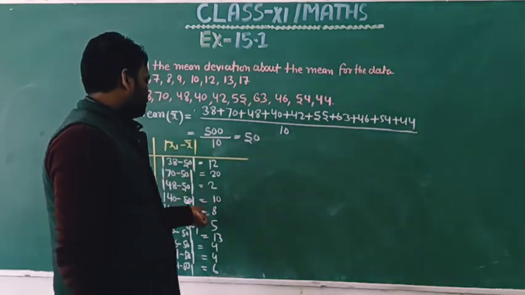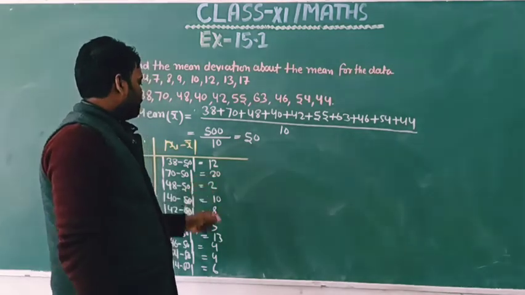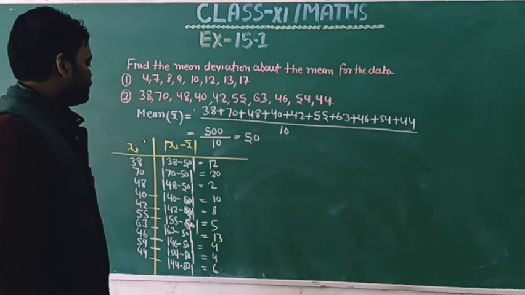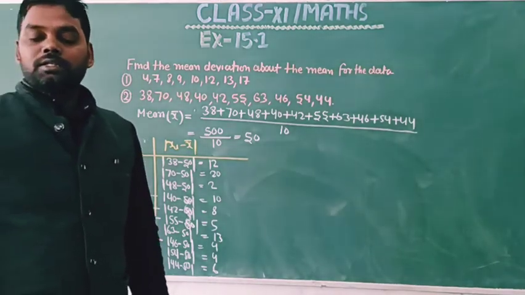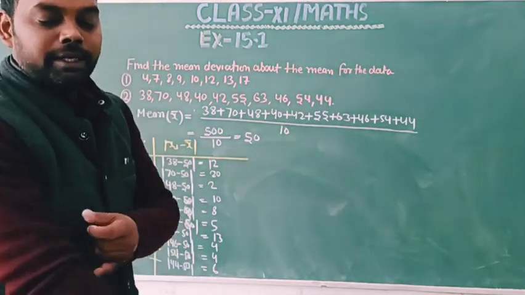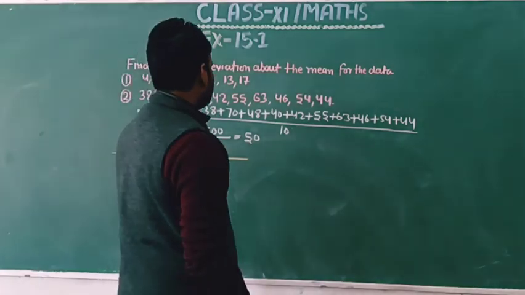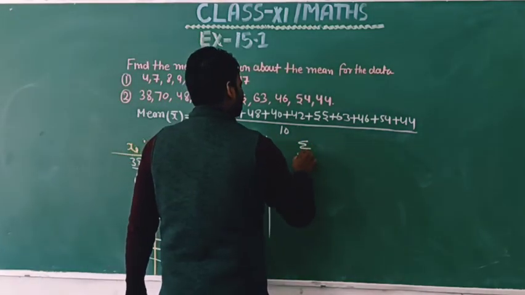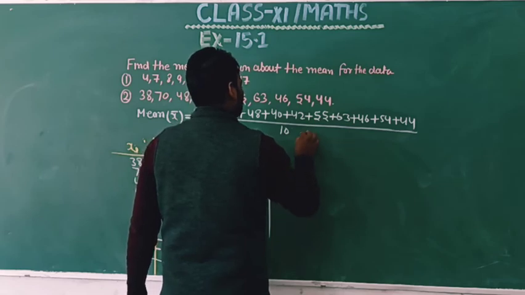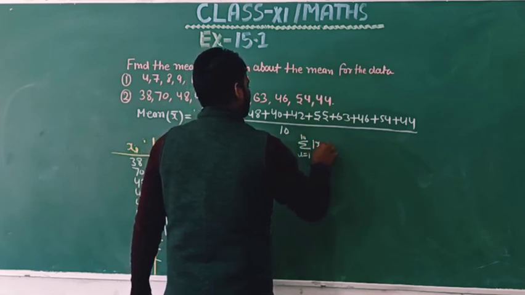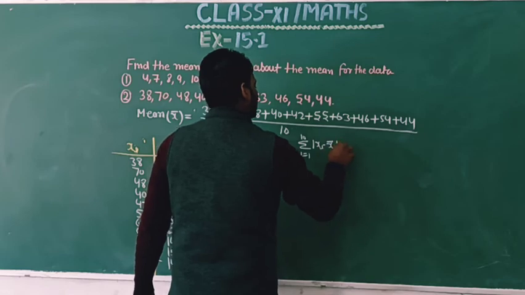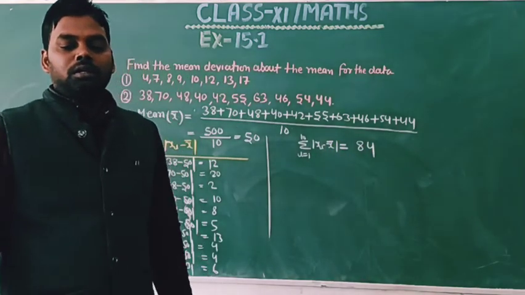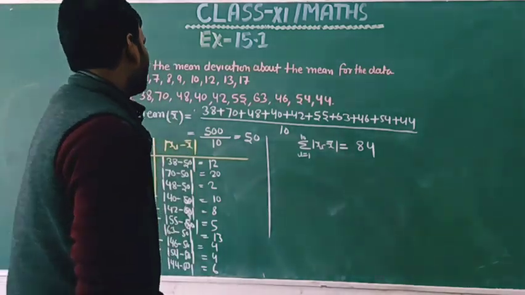Now find the sum of the deviations: 12 plus 20 plus 2 plus 10 plus 8 plus 5 plus 13 plus 4 plus 4 plus 6. After adding all the deviations we get the sum from i equal to 1 to 10 of mod xi minus x bar equal to 84.